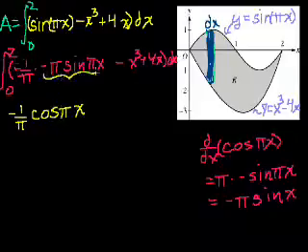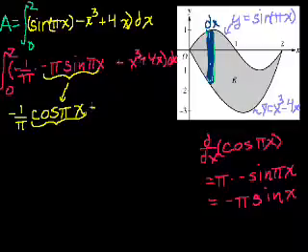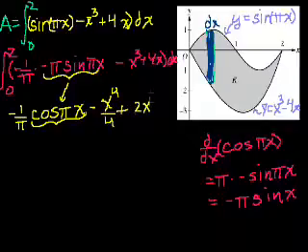This antiderivative is this right here. And then these are a little bit more straightforward. So minus the antiderivative of x to the third is x to the fourth over 4, plus the antiderivative of this is 4x squared over 2, or you could just view that as 2x squared.